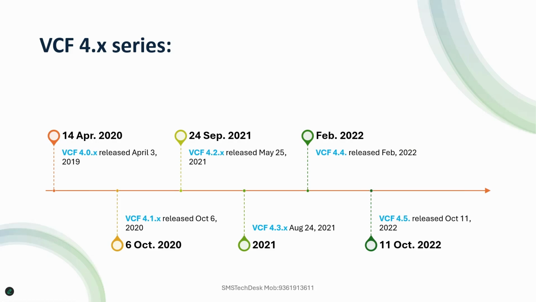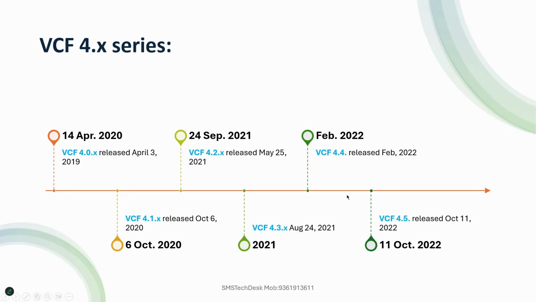These versions continued improving performance, stability, and day-to-day management. So overall, if you see the timeline, VCF 4.0 started the new generation, 4.1 and 4.2 improved the platform, 4.3 added more advanced features, and 4.4 and 4.5 refined everything for production use.